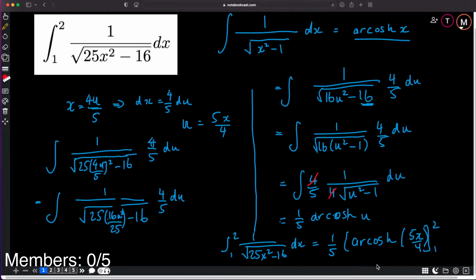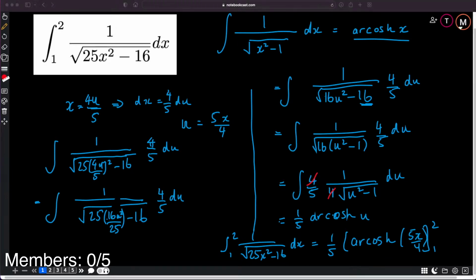Now if you work that out, so you do arc cosh 10 on 4, take arc cosh 5 on 4, let me just double check, you should get approximately 0.175. Okay, so yeah, that would be the method I would suggest.